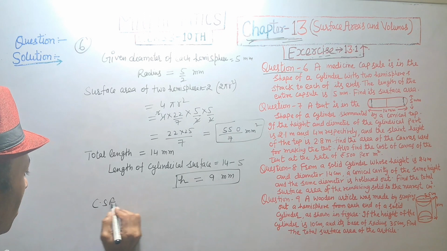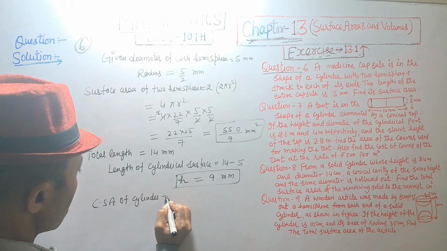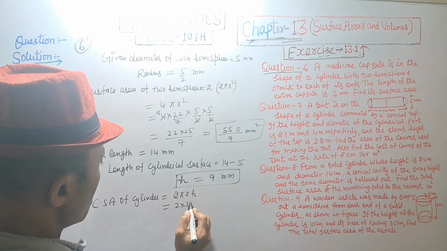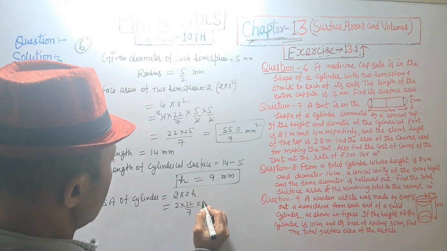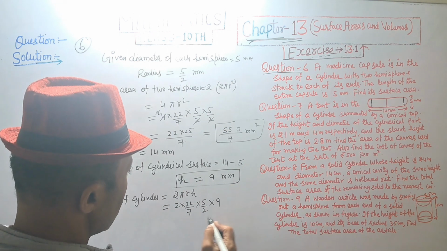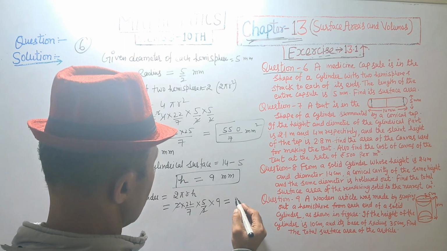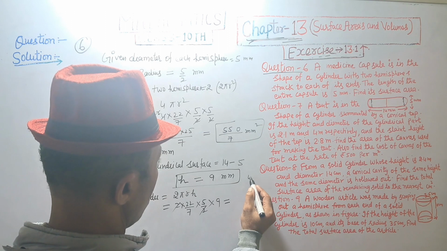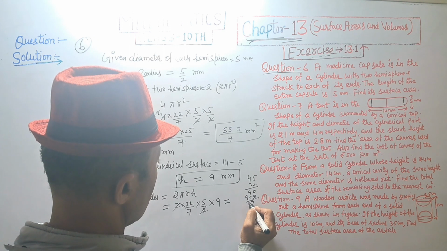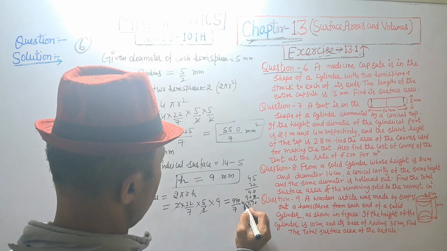Curved surface area of cylinder is equal to 2 pi r h, that is 2 into pi is 22/7 and radius is 5/2 and height of cylinder we get 9. 2 is cancelled and we get 45 into 22, that is 990/7 mm square.